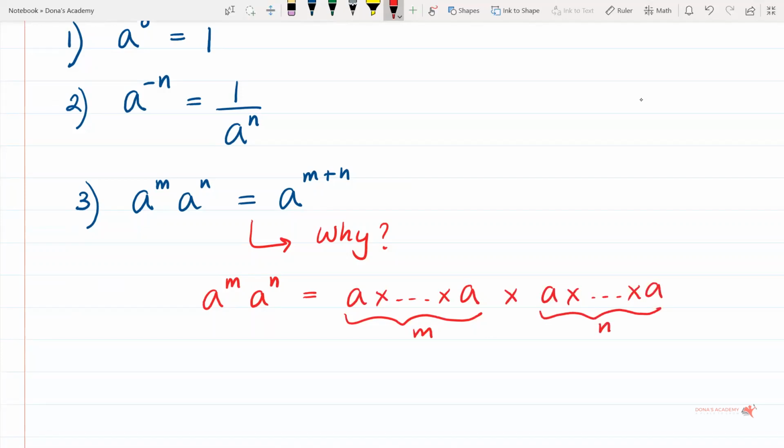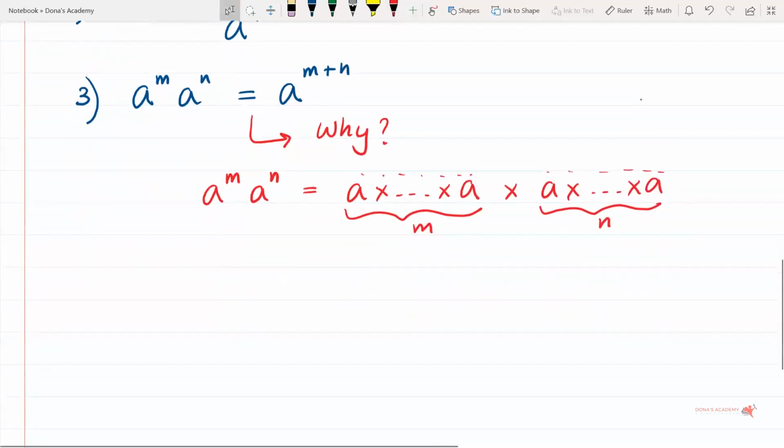Now how many a's do I see here in total? Here I see 1, 2, 3 up to m. Here I see 1, 2, 3 up to n. So altogether there are m plus n number of a's. So that's why I have a to the power m plus n.